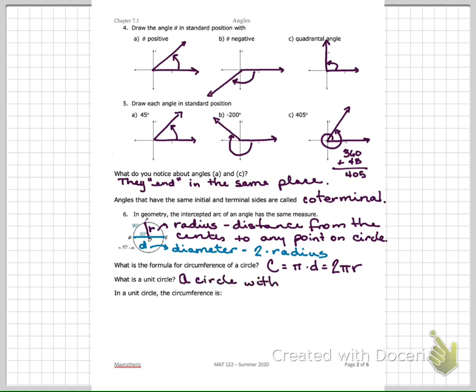So we've got a radius r equals 1, which means in a unit circle, our circumference is 2 times pi times 1, which is 2 times pi. And that's going to be really important as we start talking about angles and moving around a circle.